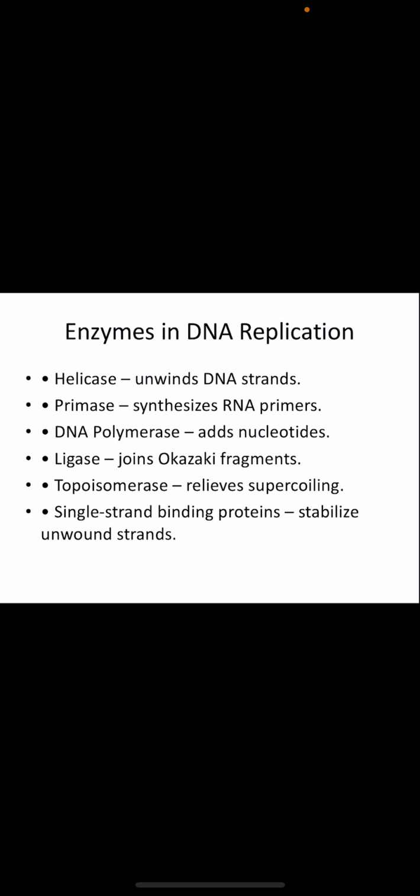Enzymes in DNA replication. What are the enzymes that are used in DNA replication, guys? These enzymes are really important to memorize well, because they have a huge importance in DNA replication. We all must know the names of these enzymes which take part while replicating DNA.